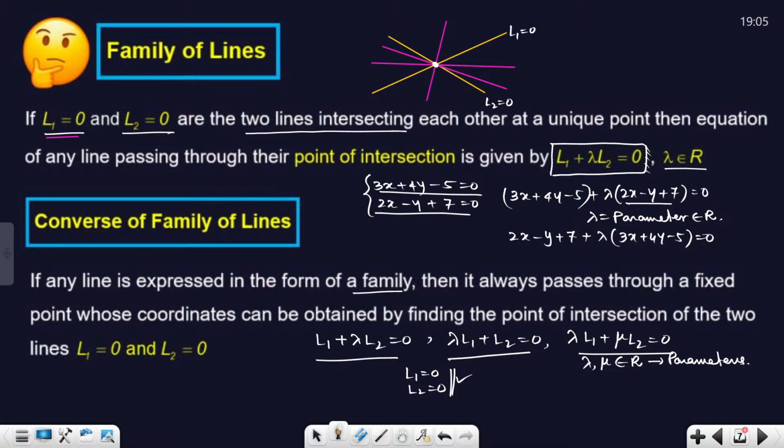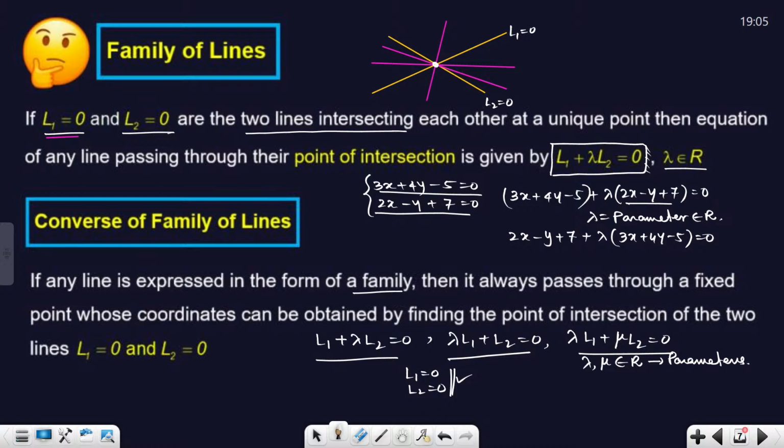Very, very important. Every time you solve straight line problems of JEE level or even boards level, this method is very important, as you will understand when you solve problems from your previous year papers or from your boards book.